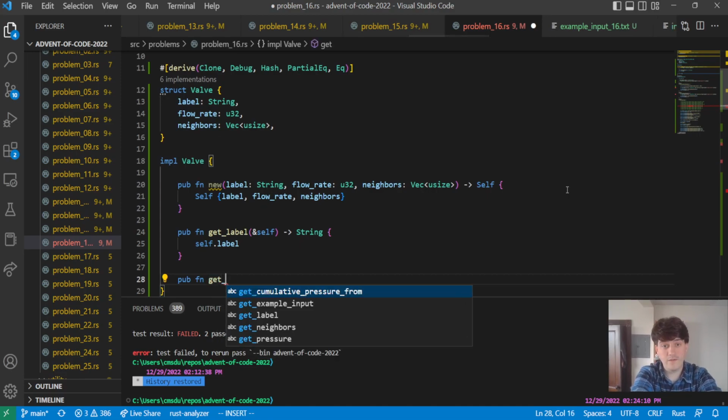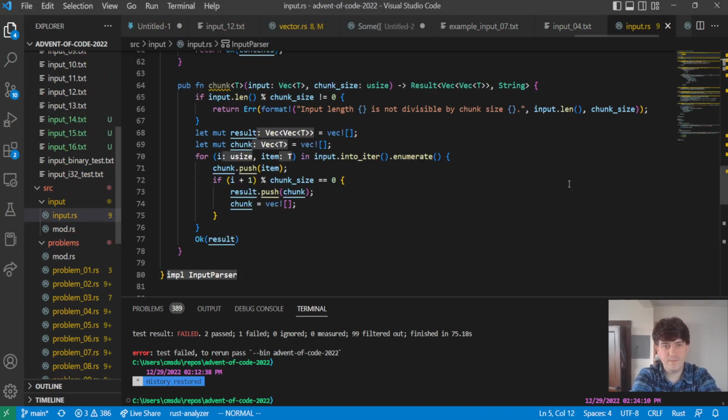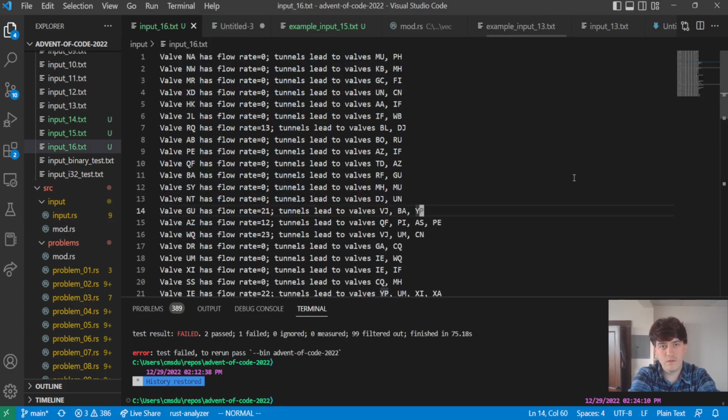We will have a flow rate or pressure. What do they call it in the input? Flow rate.